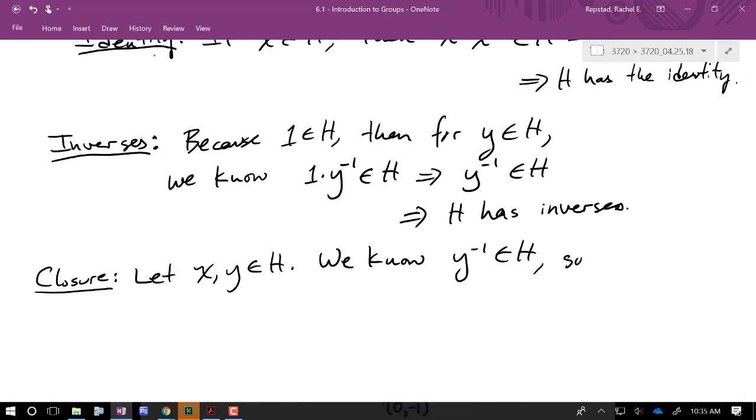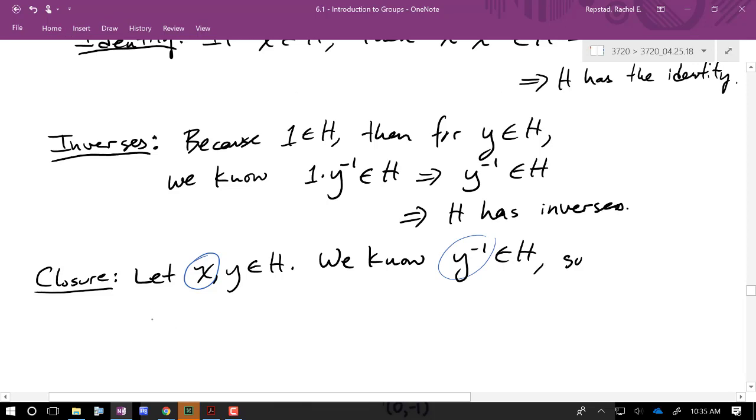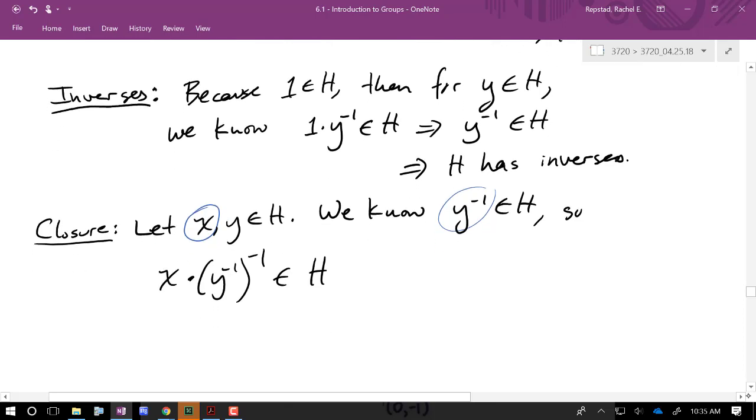But I'm going to use that product for the elements x and y inverse. So x times the inverse of y inverse is in H. What is the inverse of y inverse? Is it not 1? It is y, yep. That was one of the things we showed last time.